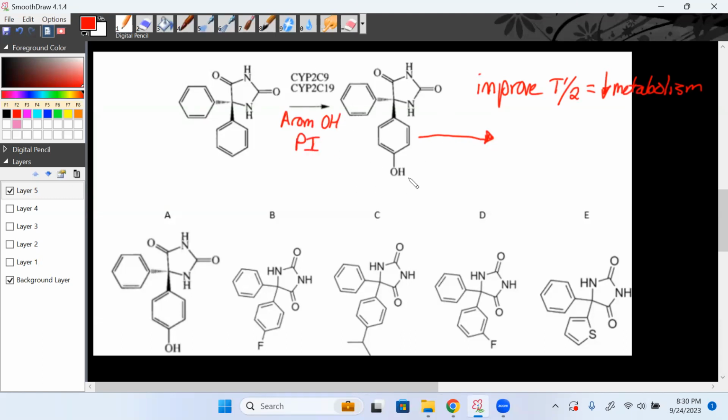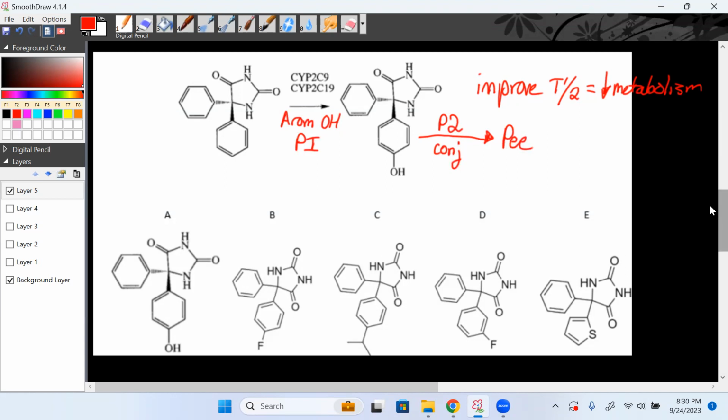So what normally happens after phase 1? We get phase 2, right? So some sort of conjugation with glucuronic acid or maybe sulfation, some sort of conjugation which is going to make it very, very water soluble, and then we put it in the pee, right? We love putting things in our pee.